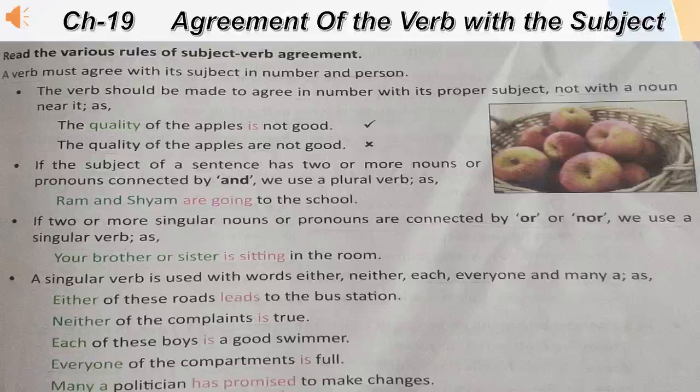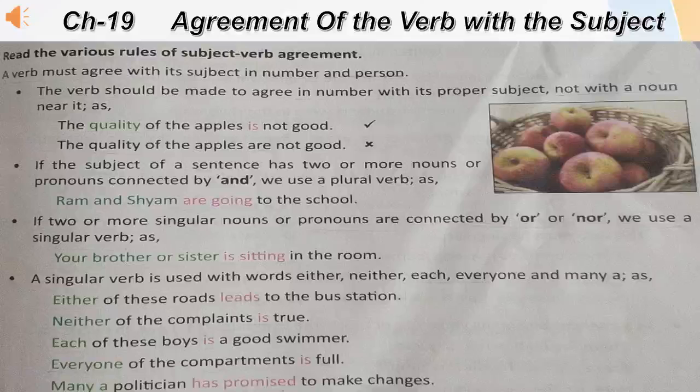The verb must agree in number with its proper subject, not with a noun near it. For example, the quality of the apples is not good. In this sentence, apples is a noun which is near to the verb, and the main subject, the proper subject, is quality.